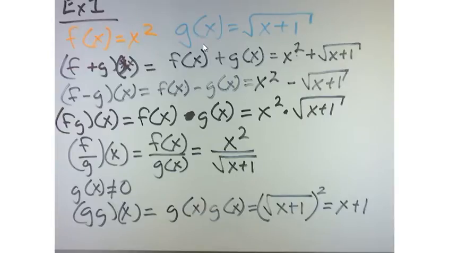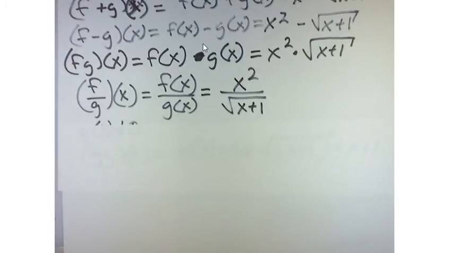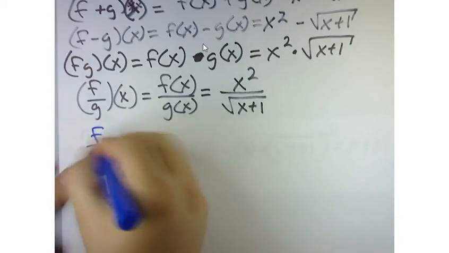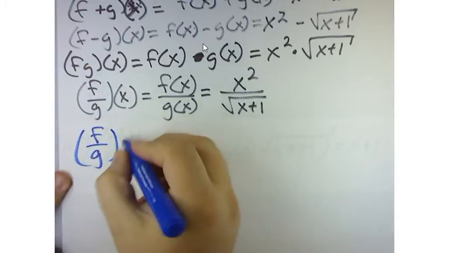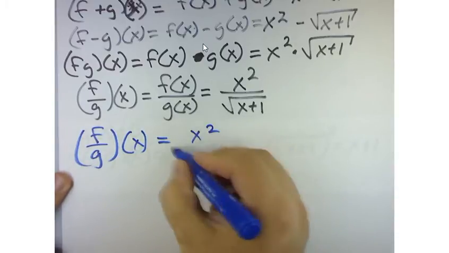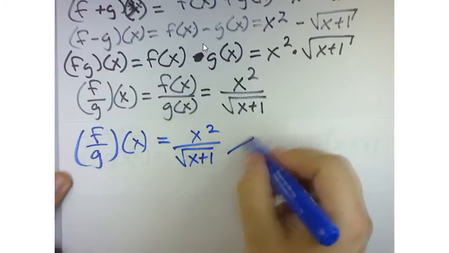Okay, last one. Well, not the last one. 2 restrictions now. The restriction still deals with g of x. So when I say f divided by g of x, I get x squared all over the square root of x plus 1. 2 restrictions.